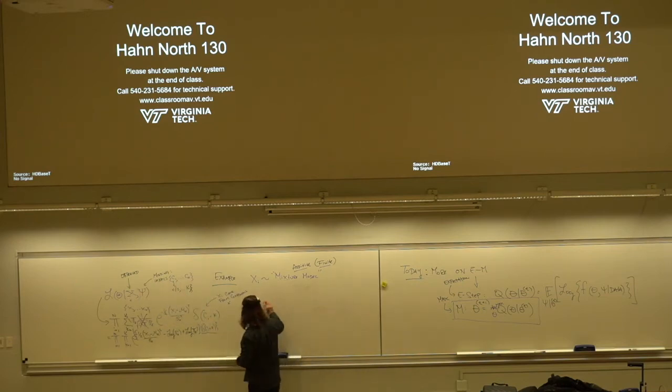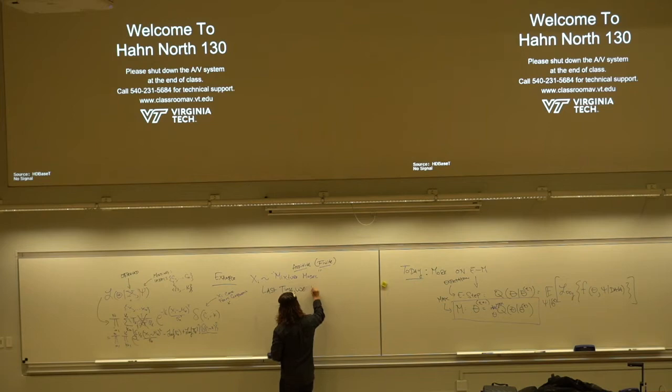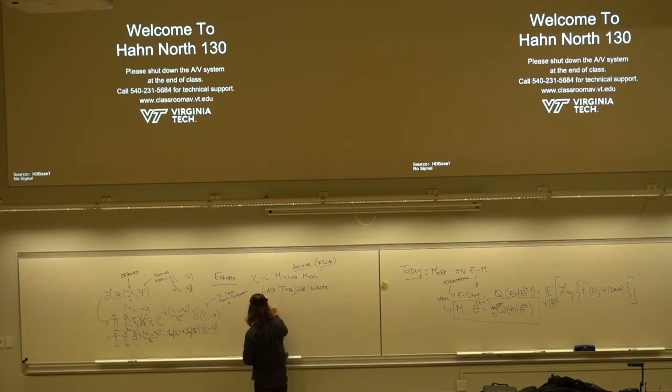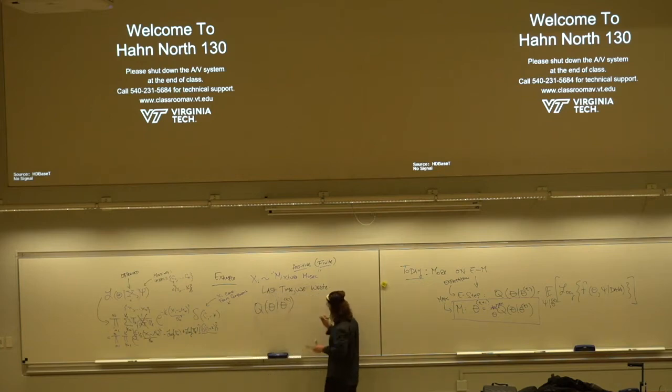And so we wrote down Q of theta given theta t is going to be equal to the double sum over i goes from 1 to n, k goes from 1 to capital K.